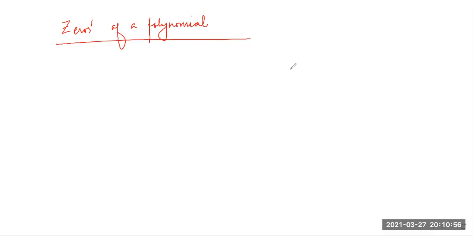Once this is clear, we'll discuss what are the zeros of a polynomial. Dear students, it's very important. A real number k is said to be the zero of a polynomial f of x if f of k is equal to 0.